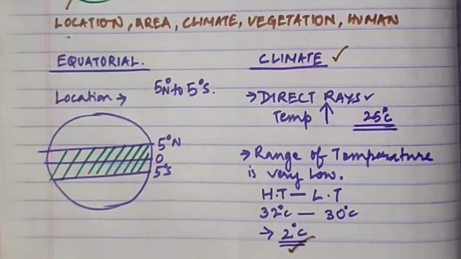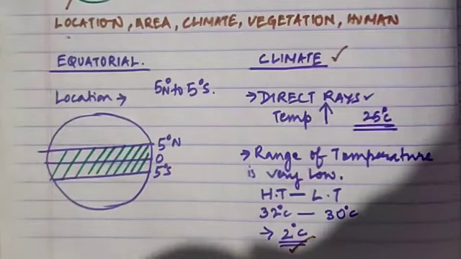So the range of temperature between the summer and the winters will be 35 degrees Celsius. But those kinds of conditions will not be there in the equatorial areas, because throughout the year it will receive the more or less direct rays of the sun. So there is very little range of temperature.